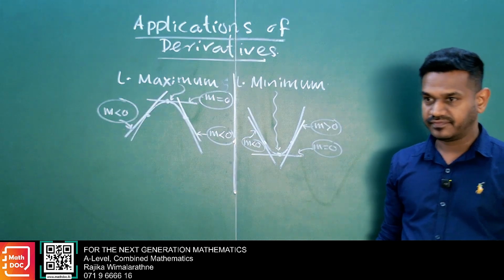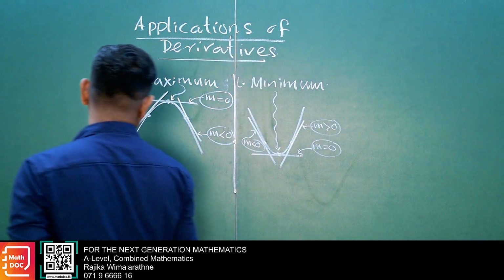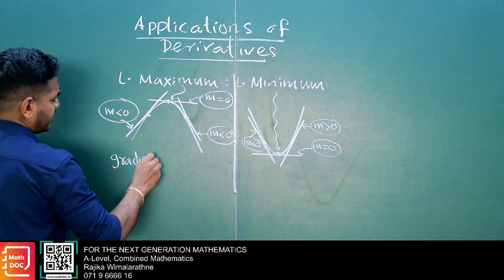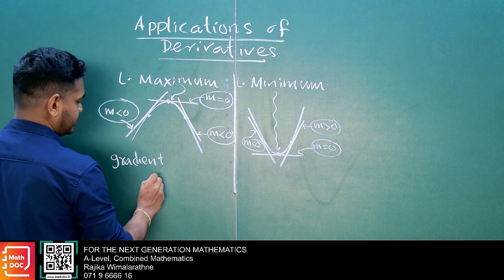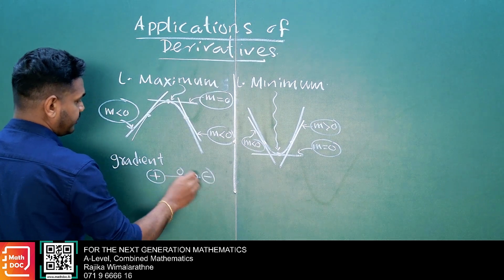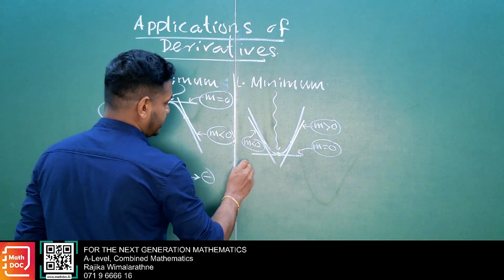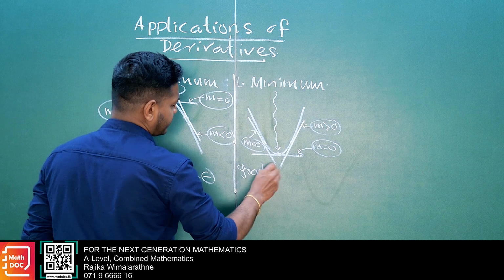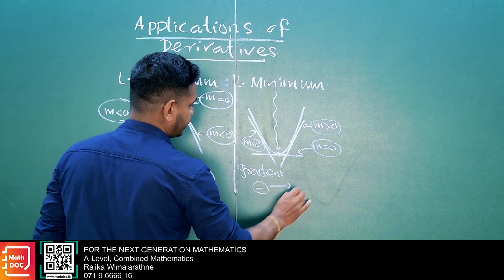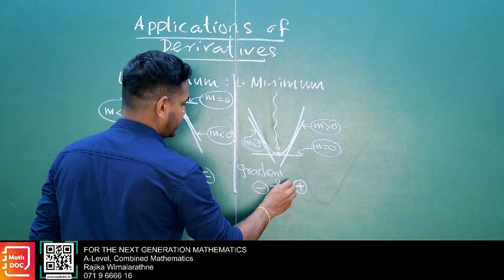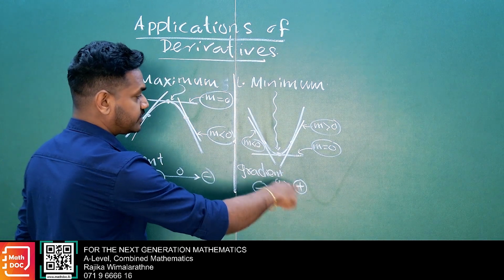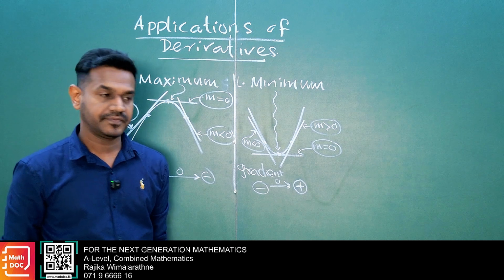The gradient varies from positive to negative through 0, and here from negative to positive through 0.